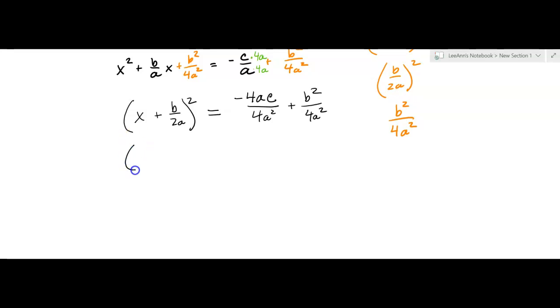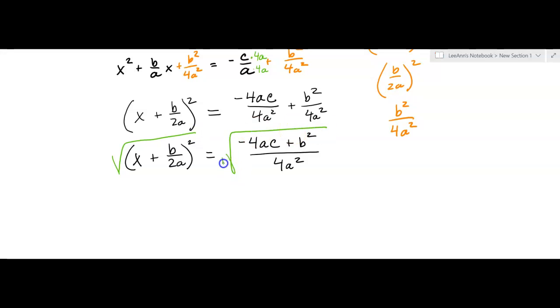Now I'm going to rewrite that just a little bit. x plus b over 2a squared equals, I'm going to write negative 4ac plus b squared over 4a squared. Now I'm going to take the square root of both sides, with a plus or minus.